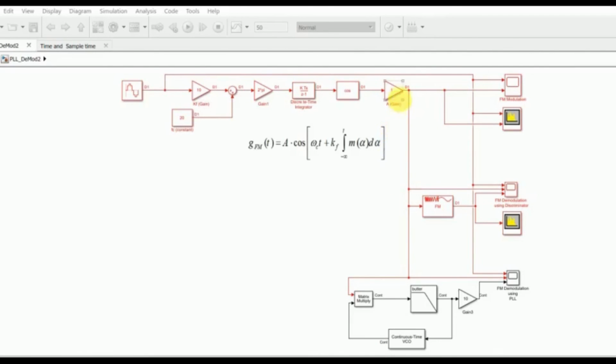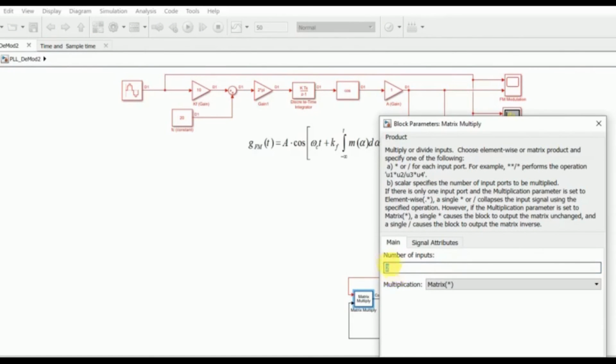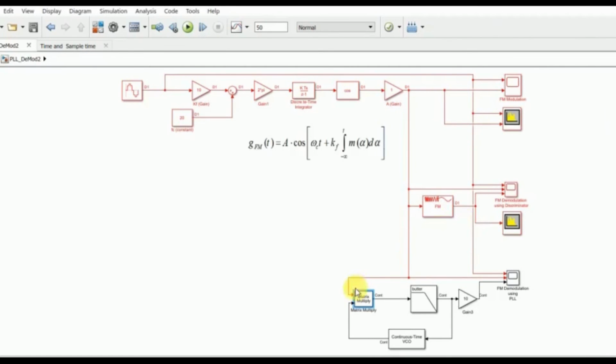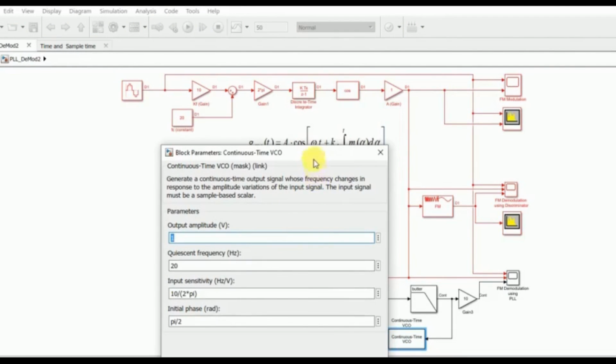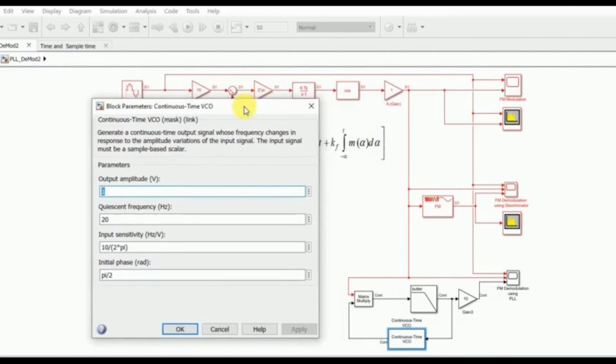Starting with the output of a frequency modulator, we feed this output to a multiplier block, which has two input ports. The first input is coming from the frequency modulated signal, whereas the second input is from the voltage controlled oscillator, VCO, for which we have set the amplitude to 1.